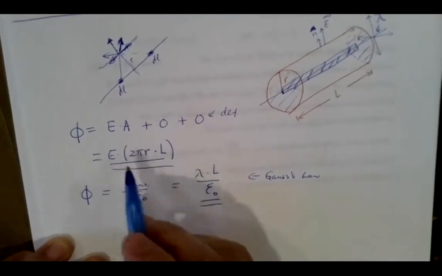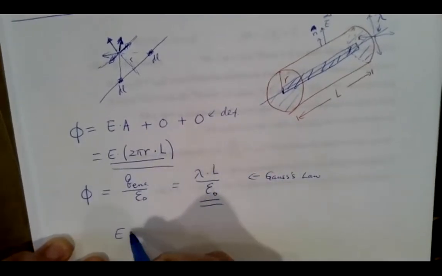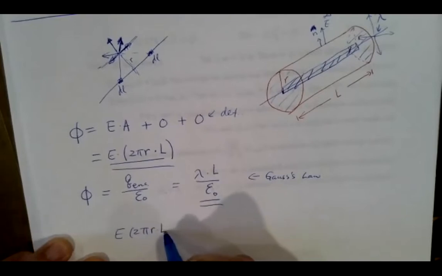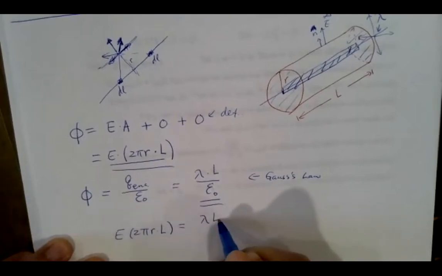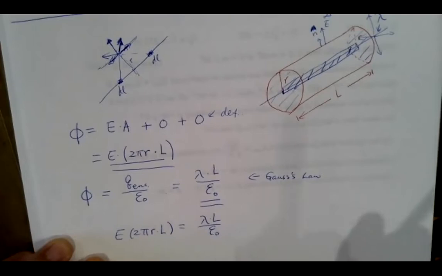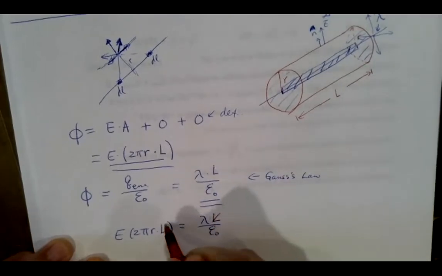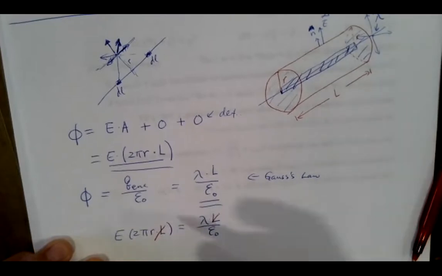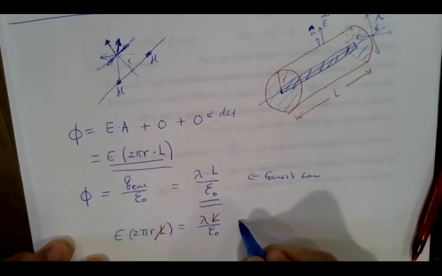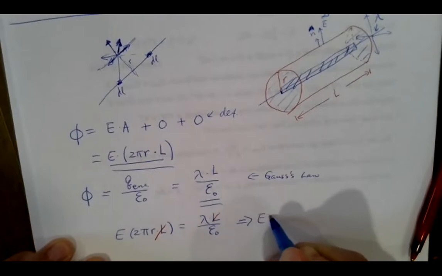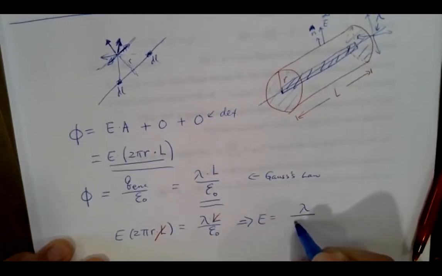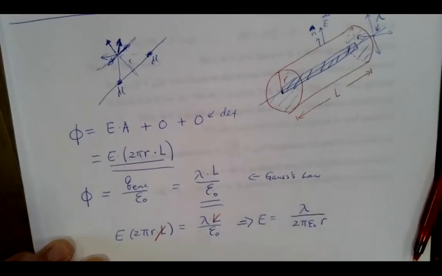So this one will be equal to this one because they are both the electric flux, okay? So you can set up this equal to that. So E 2 pi R times L equals lambda times L over epsilon naught. So then you can see L and L cancel out, okay? You're looking for E, so then E is equal to lambda over 2 pi epsilon naught times R, okay?